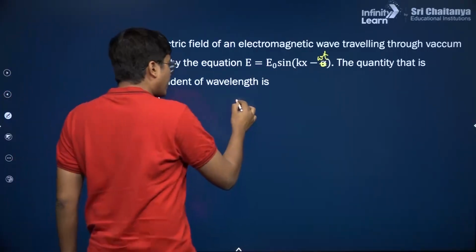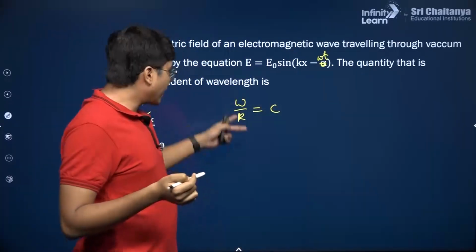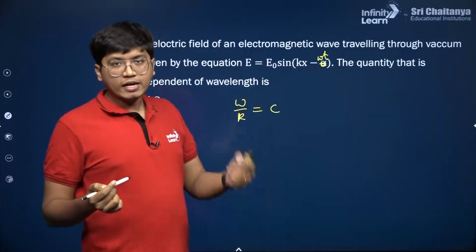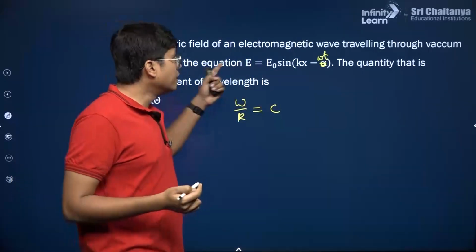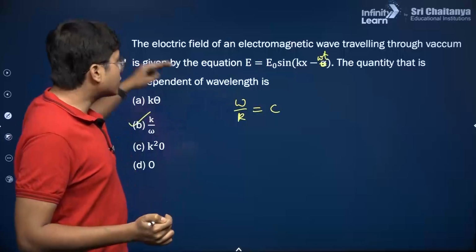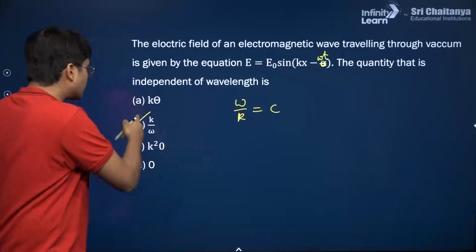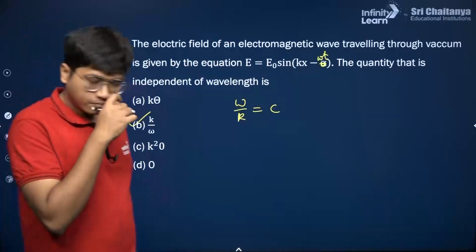Why? Because omega by k is c, the speed of light, so k by omega would be 1 by c. It says here that it's traveling through vacuum, so I know it's going to be the speed of light, which is irrespective of the wavelength of light. So our correct answer is k by omega.